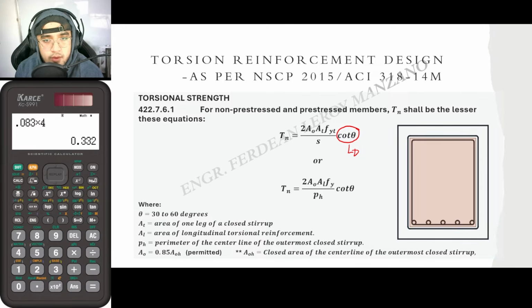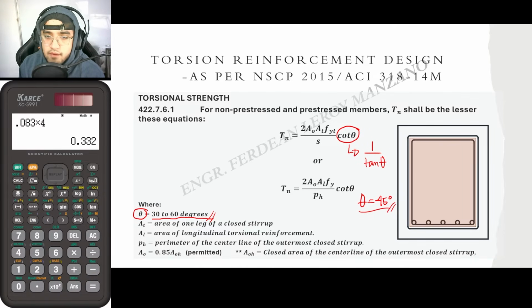According to our provision here, theta is equal to 30 to 60 degrees. If you are to design non-pre-stressed beams, theta is equal to 45 degrees. So theta is equal to 45 degrees for non-pre-stressed members.